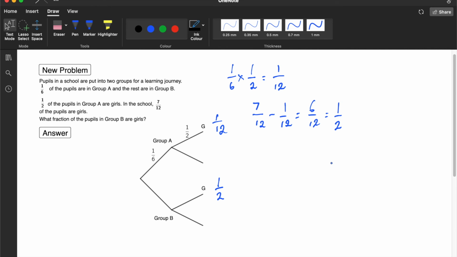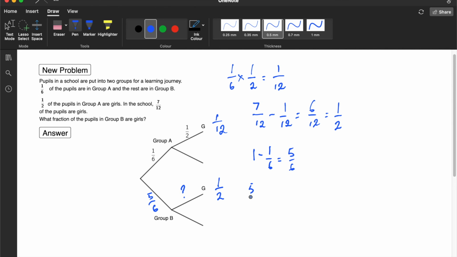Okay? Now, let's go back a little bit. Group A, 1 over 6. It means that in group B, you're going to get 1 minus 1 over 6. This simplifies to 5 over 6, which means this one is 5 over 6. Right? So we are left to find what this is, which is what the question is asking.